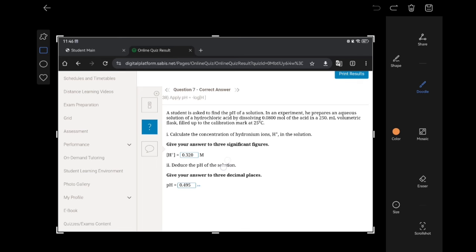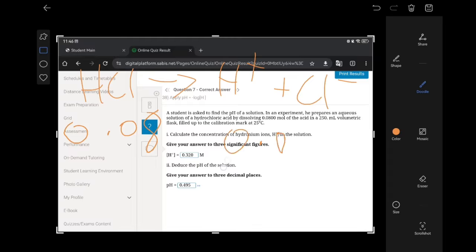So you have HCl, you dissolve it, H plus, Cl minus. You have 0.08 moles all over, because it's a 1-to-1 ratio. Whenever it's a 1-to-1 ratio, you can always tell, even without writing anything. You just have to find one of them, and it's going to be equal to the other.